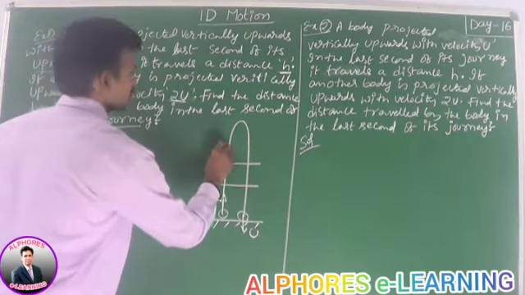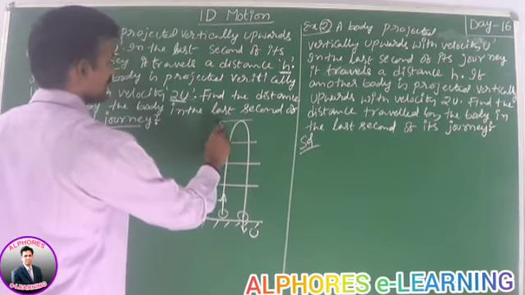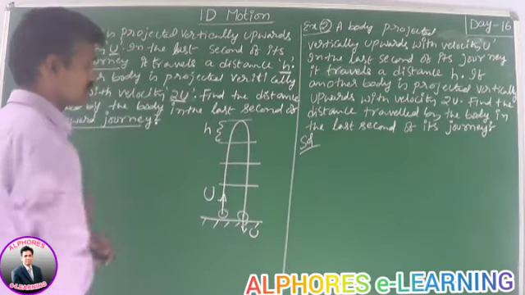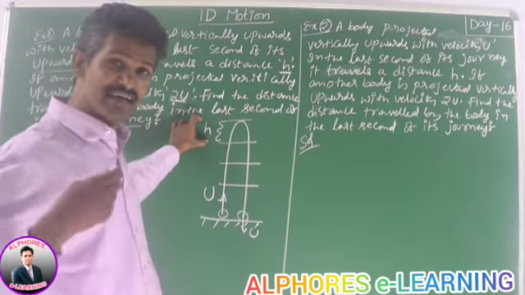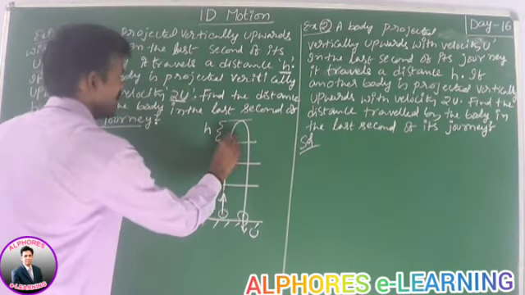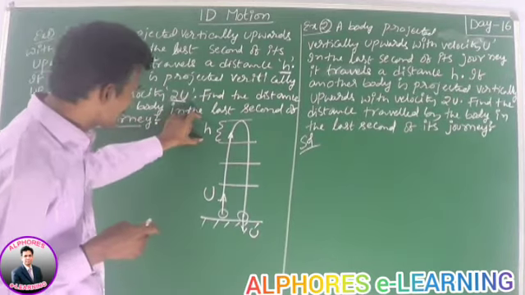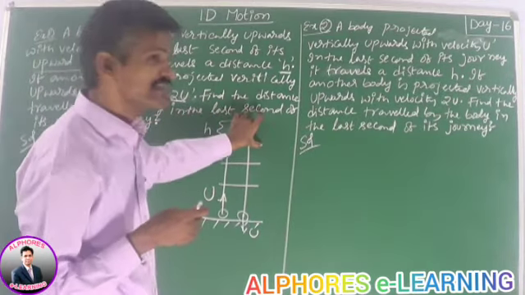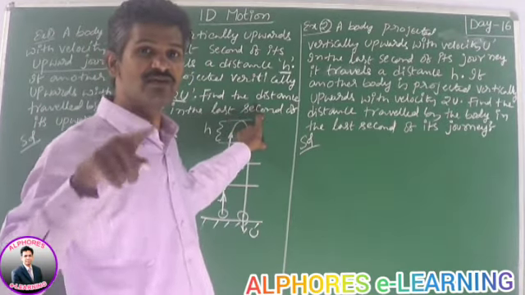Similarly, this body travels upwards. Suppose this is the last second. This is h. How to calculate this? We don't know about the velocity of the body at this point. So instead of this, I am considering the first second of the downward journey. Why?